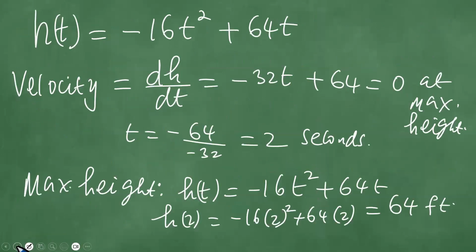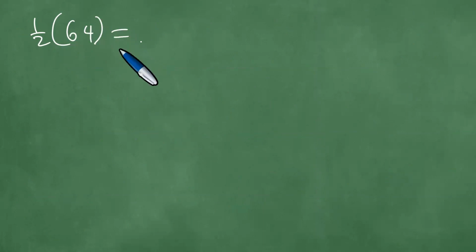Because we know that the maximum height is 64 feet, but now we are interested in half of 64 feet. And we're saying half of the maximum height. When will the projectile's height be half of its maximum height?